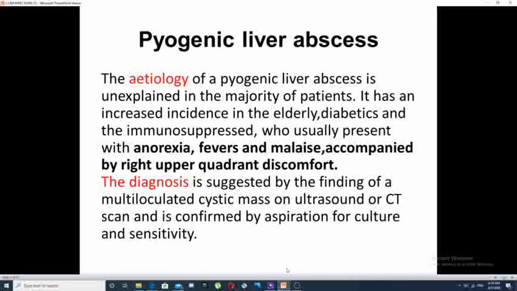Another disorder of infection due to bacteria in the liver is pyogenic liver abscess. Most of cases, etiology of the pyogenic liver abscess may be unexplained. It has been seen in increased incidence in those patients with impaired immunity, as in elderly patients, diabetics, or immunosuppressed patients.